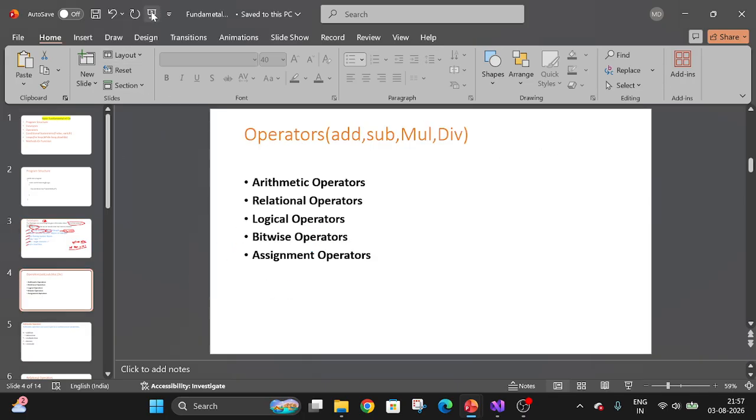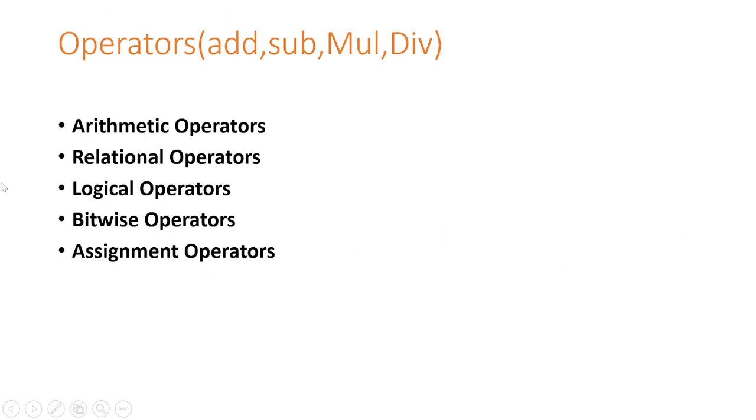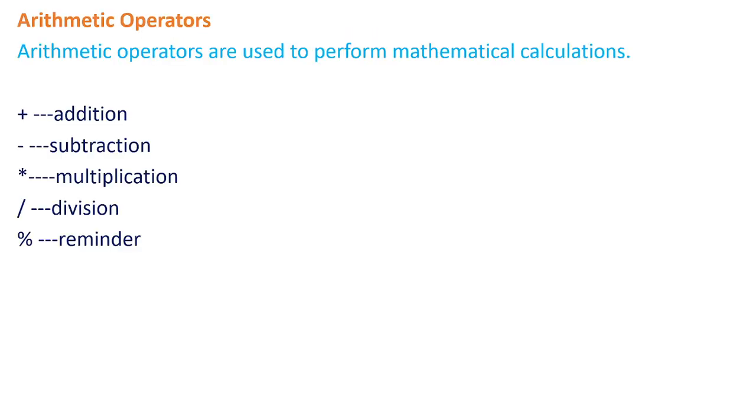Now we are moving to operators. What are operators? What are the types of operators we have? First we go with the arithmetic operators. Arithmetic operators are used to perform mathematical calculations.